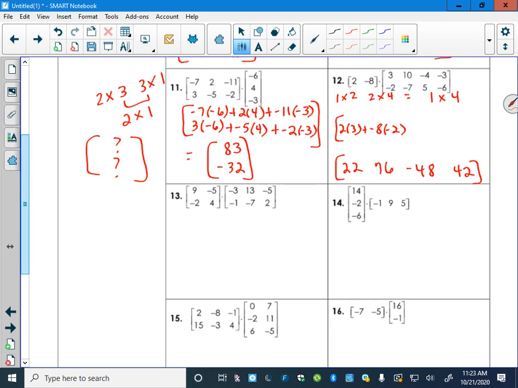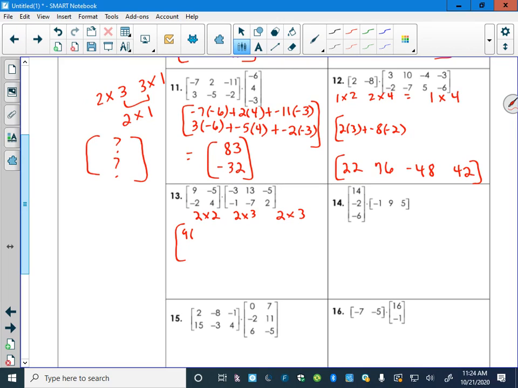Number 13, same kind of process. This is a 2 by 2. This is a 2 by 3, so I can multiply, and the resulting matrix would be a 2 by 3. So if I started this one out for you, I would do top row, first column.